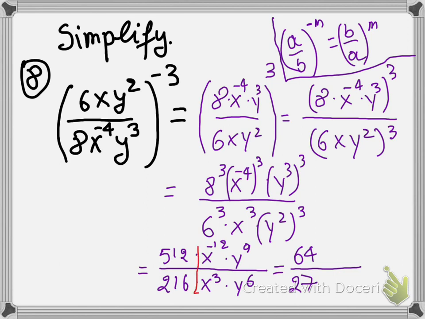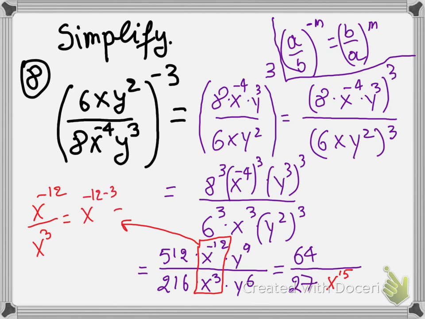x to the negative 12 divided by x to the third, and that will give us x to the 15th in the denominator. I'm going to work it in here. X to the negative 12 divided by x to the third equals x to the negative 12 minus 3, which equals x to the negative 15th, which is 1 over x to the 15th.